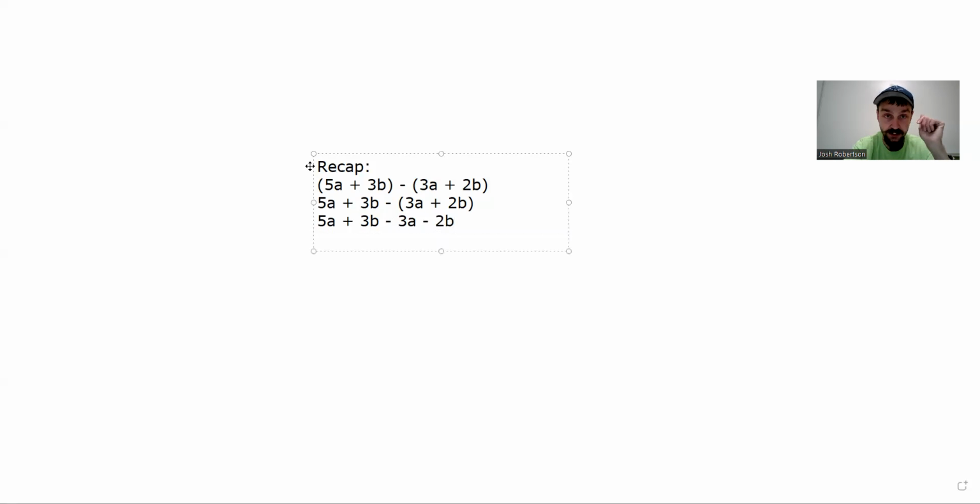And then you combine like terms. So 5 minus 3 gives you 2A. 3 minus 2 just gives you a single B. It's that simple, right?